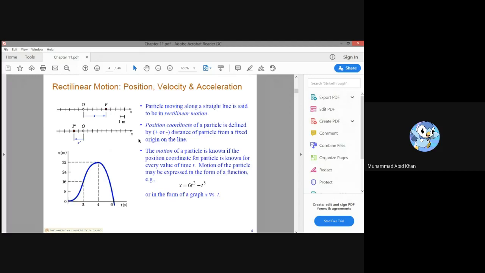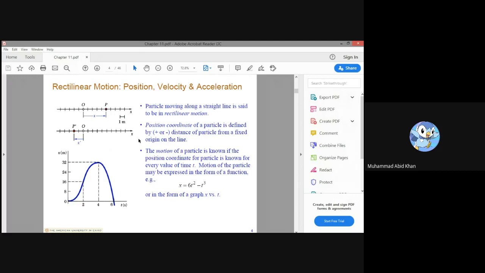The position coordinate of a particle is defined by the positive or negative distance of the particle from a fixed origin on the line.